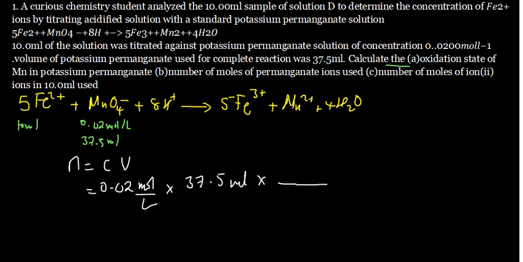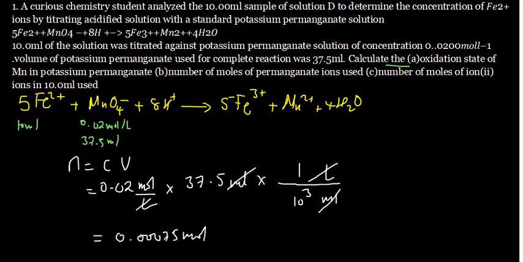Or we can just say we put a milliliter down, a liter on top. We know that 1 liter has got 10 to the power 3 milliliters. That's why we say multiply by 10 to the power -3, because this will go on top, the power becomes negative. So mils cancel, liter and liter will cancel. So therefore we're going to have 0.02 multiplied by 37.5. The answer that we have, we divide that by 1000. So the number of moles of permanganate ions is 0.00075 moles. These are the moles which reacted.